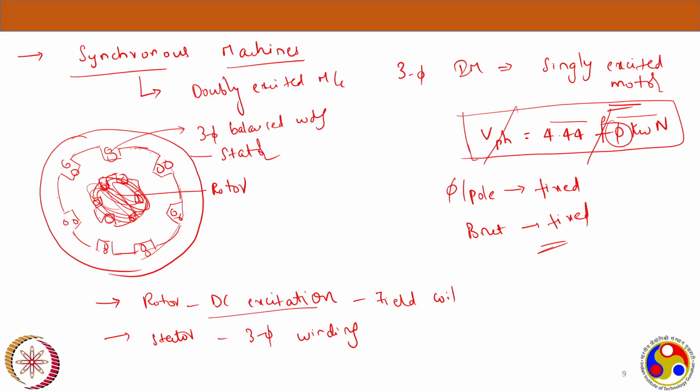Using your right hand thumb rule, maybe this is your rotor. Let me draw here. You have a stator here with three-phase winding, but on the rotor you have just some winding wound on it.